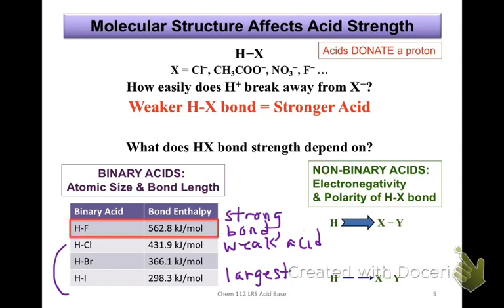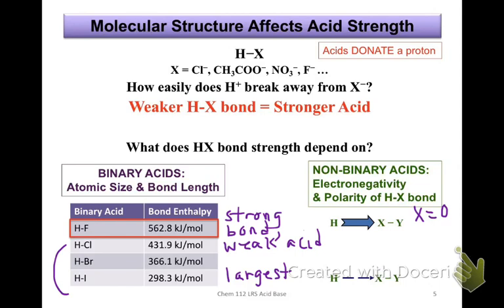For the non-binary acids, you're going to look at a different trend to tell about that HX bond. When I say non-binary acids, usually X is equal to oxygen, and the acid would be called an oxyacid. Y would be some other group of atoms.